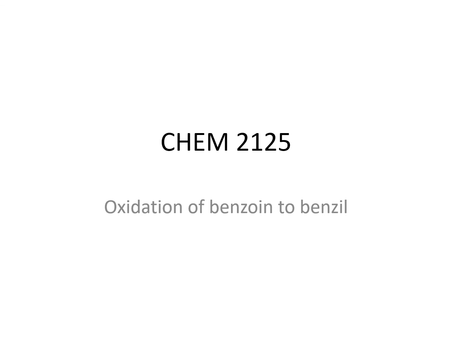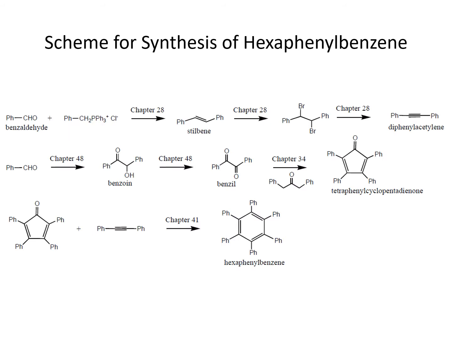Hello everyone, this is Practical Organic Chemistry lecture, and in this lesson we shall cover the oxidation of benzoin to benzil. So like you see, this is a continuation of the set of mechanisms that we have been doing throughout the weeks for the synthesis of hexaphenyl benzene, where we need two major inputs.